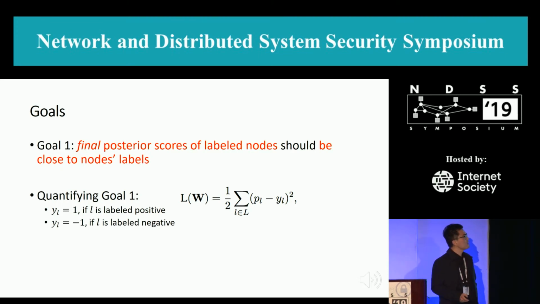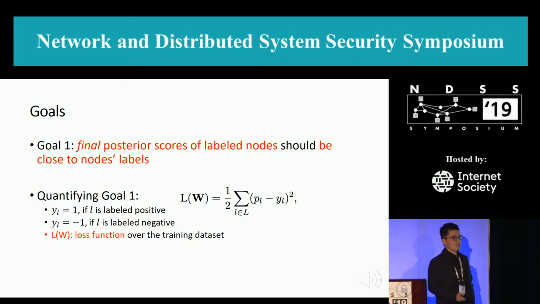So the L(w) function quantifies the difference between the true label and the final posterior scores. From the machine learning perspective, L(w) is also called the loss function over the training data set. Note that goal one only uses the labeled nodes.